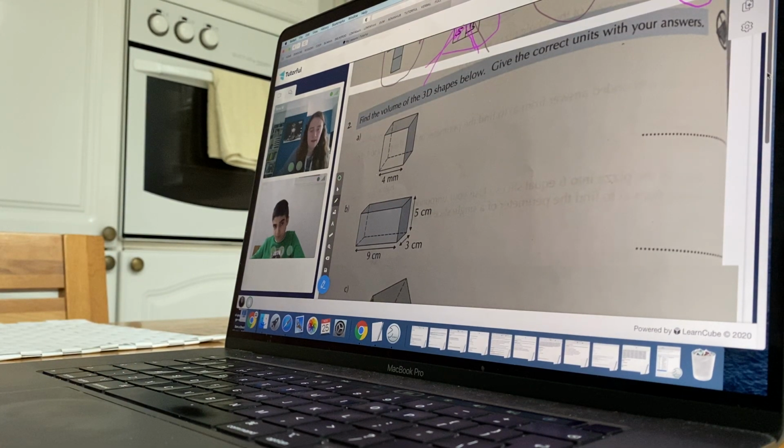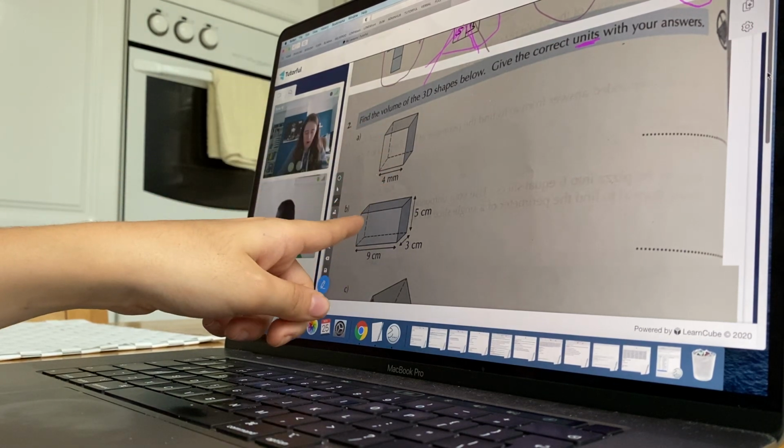Okay, so then find the volume of these 3D shapes below. Give the correct units with your answer. Okay, so now let's start. This one is 4 meters.